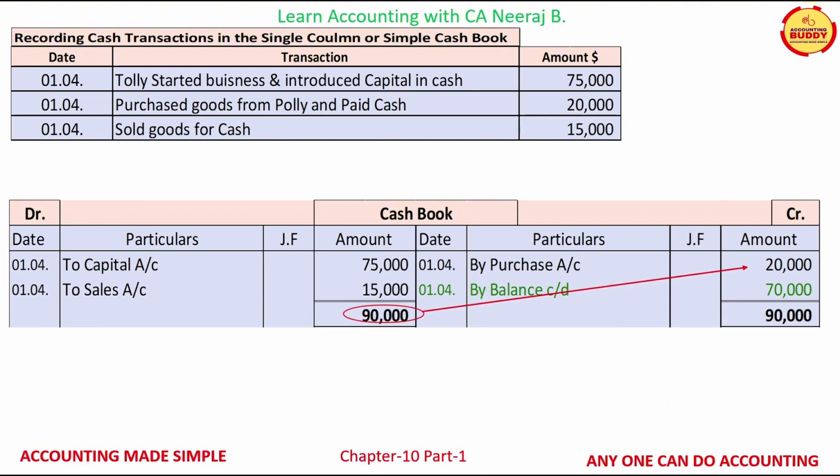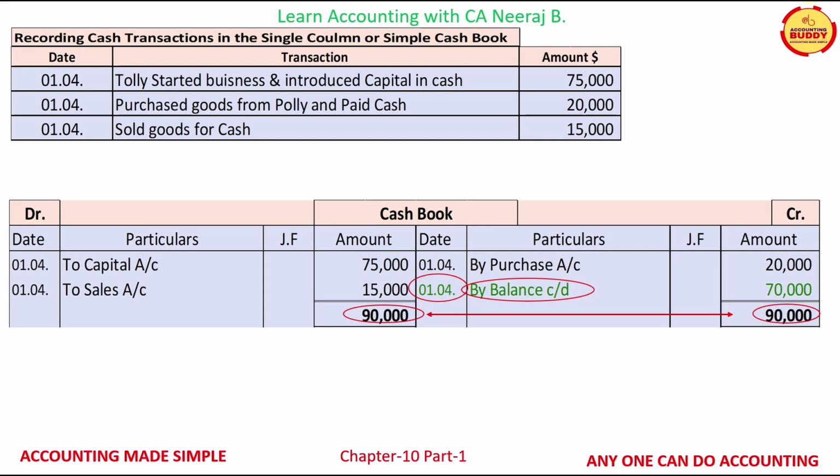We are left with a balance of $70,000, which will be shown on the right hand credit side of the cash book by writing the words to balance carried down at the end of the day of 1st April. Post which the left hand debit side will be equal to the right hand credit side, and thus the account is said to be balanced.